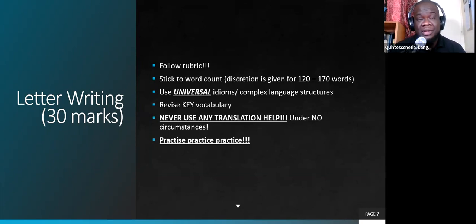Not to mention people that like to copy and paste, and you're seeing the little shading behind the letters. That is an indication it was copy and pasted from some site. So you're only fooling yourself and no learning takes place. None at all. So don't translate under any circumstance.